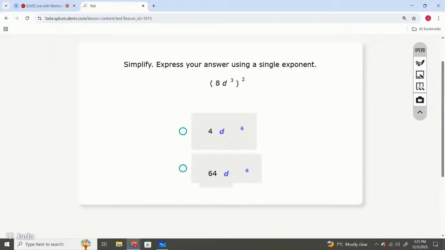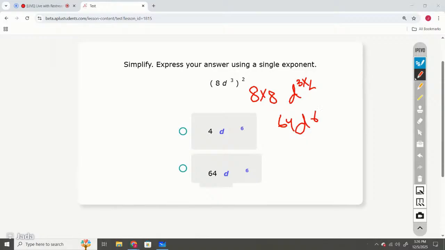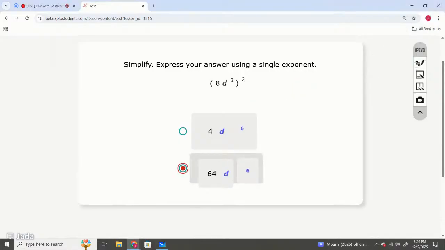So we need to calculate the square of everything inside the bracket. So we need to do 8 times 8 and 3 times 2. So that is 64d^6. Option number 2 is the correct option. It is 64d^6.